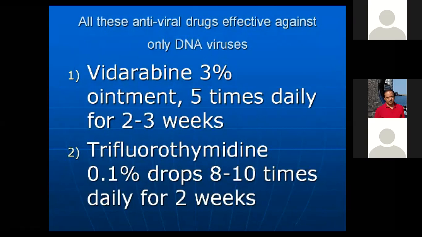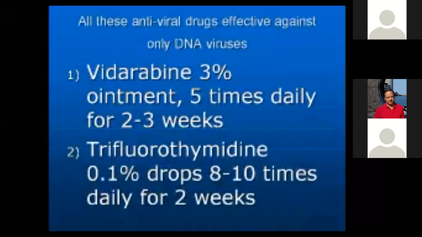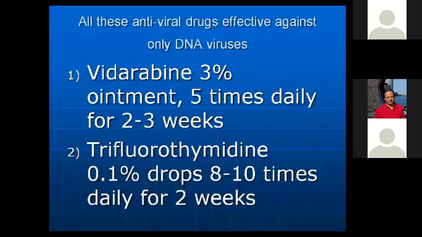So vidarabine is only available in the form of ointment, 3% ointment, and it should be used 5 times daily for 2 to 3 weeks. Trifluorothymidine is only available in the form of drops, 0.1%, and these drops are used 8 times daily for 2 weeks. Just remember, all these drugs are used in the treatment of herpes simplex type 1 keratitis.